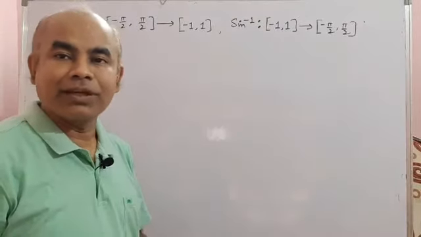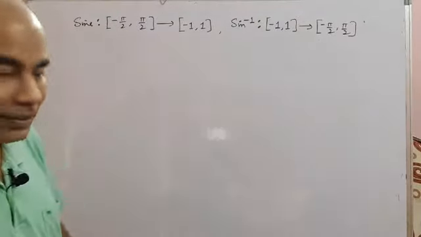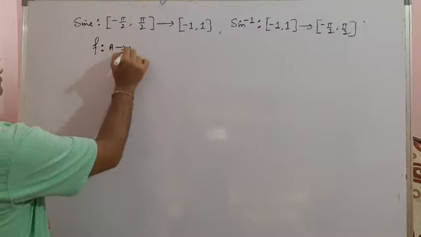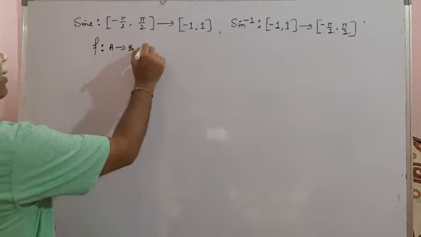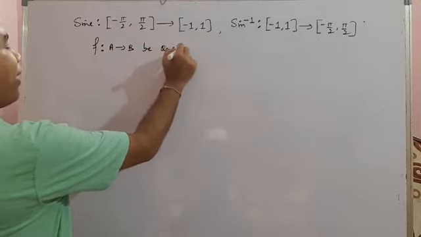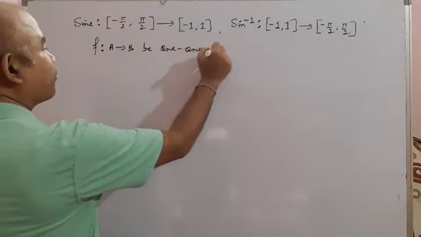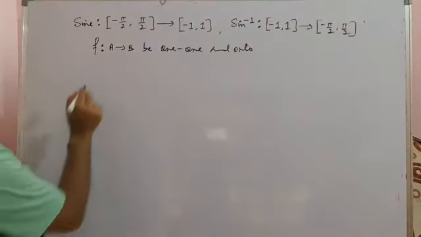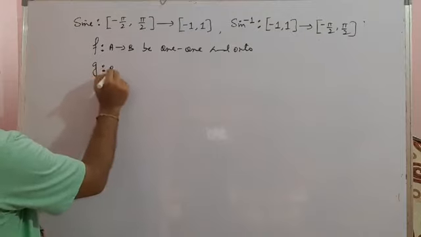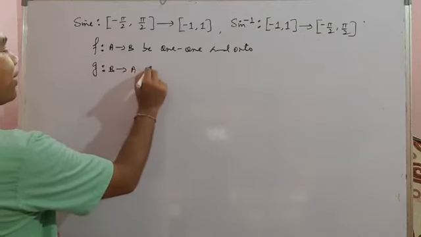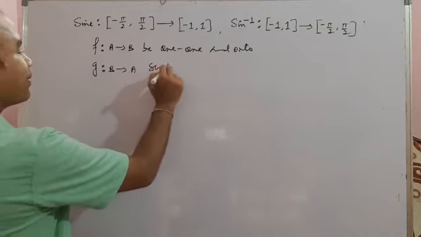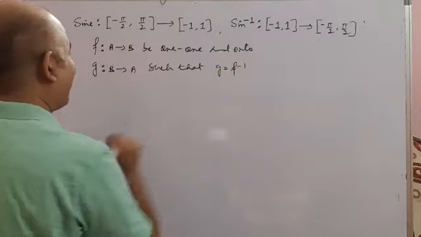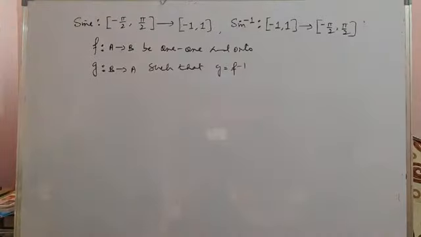Okay, again students, from the definition of inverse function, suppose f is a function from a to b, one-one and onto, that means it has an inverse, and g is a function from b to a such that this g is actually the inverse of f.